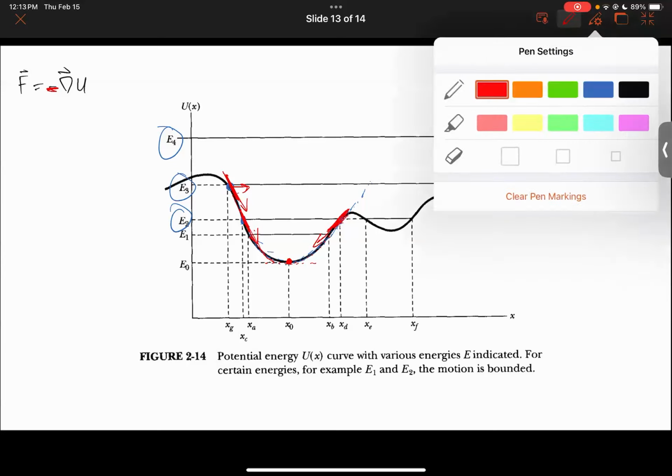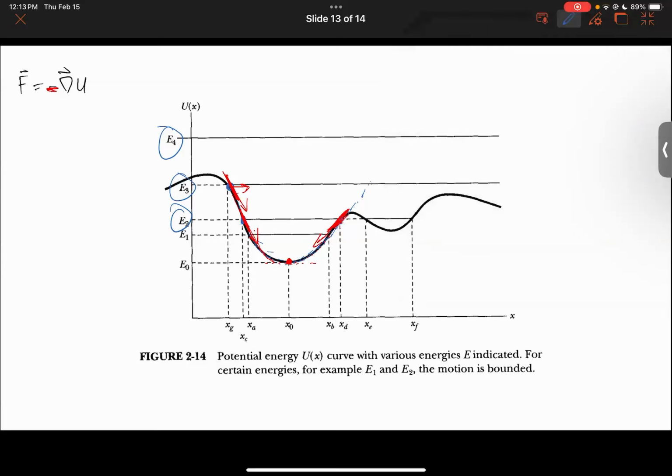Now, alam natin yung tawag sa position na yan. Familiar tayo dyan. Ang tawag natin sa position na yan is an equilibrium position. And yung behavior na to is quite similar sa simple harmonic motion, except na sa simple harmonic motion, yung potential is proportional sa x squared. Well, you can say na proportional din naman sa x squared yung potential kung itong portion lang na ito yung titignan natin, di ba?